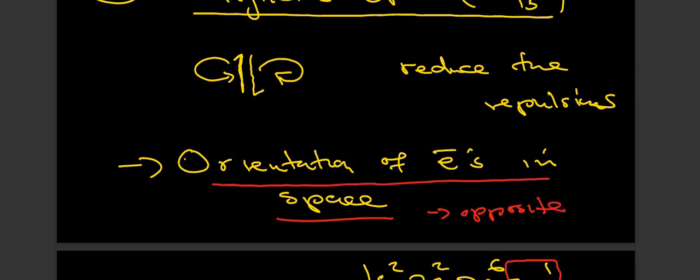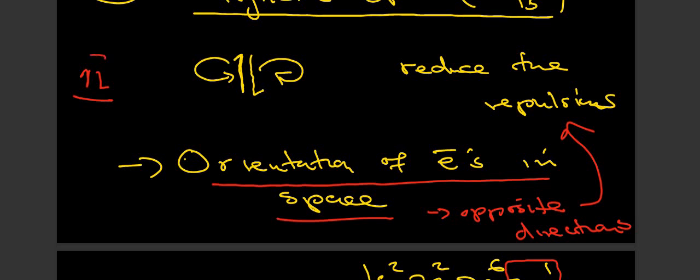The main reason they face opposite directions is to reduce repulsions, because electrons are negative. We can't force two negative things onto one slot without causing them to fight. So to minimize those repulsions and accommodate them on a slot, we make them face opposite directions. That's basically what we are saying.